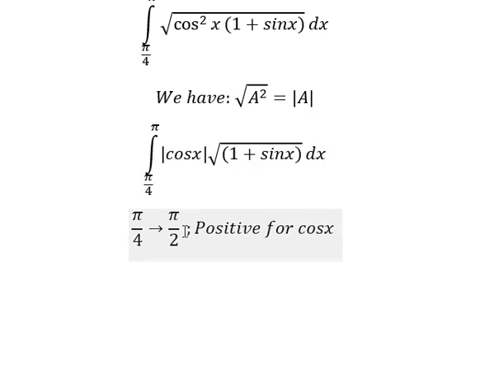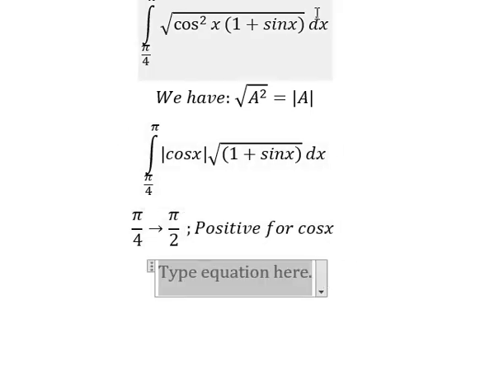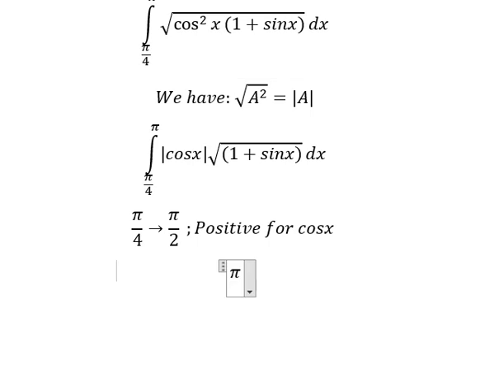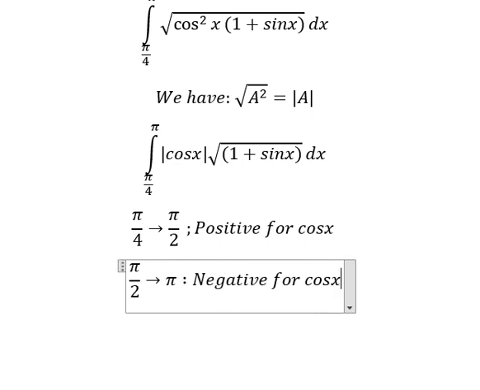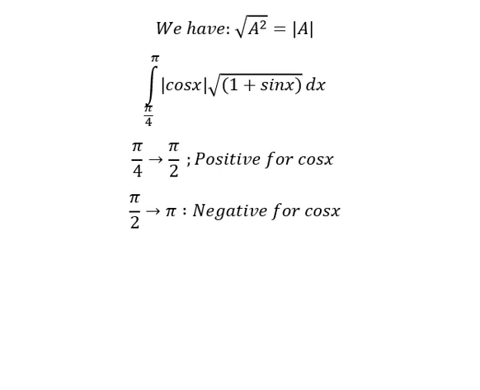And from pi over 2 to pi, that is about the negative cosine x. So in this situation, we can put like this.